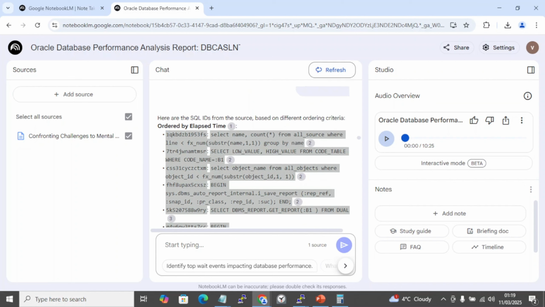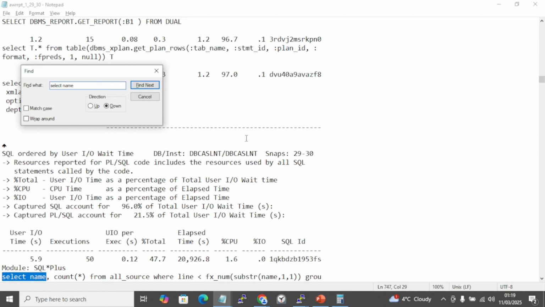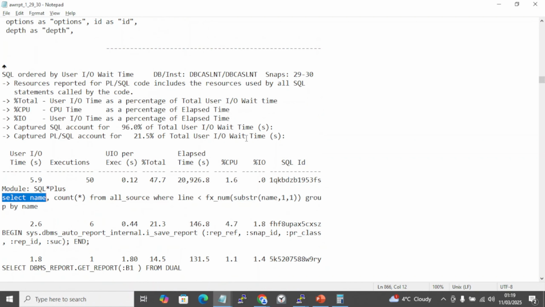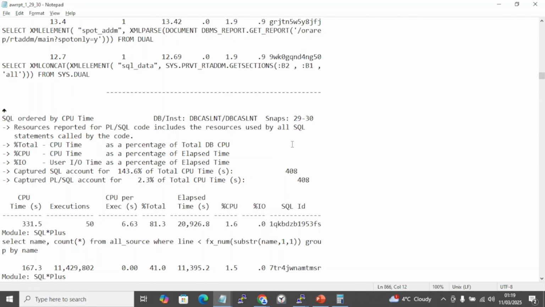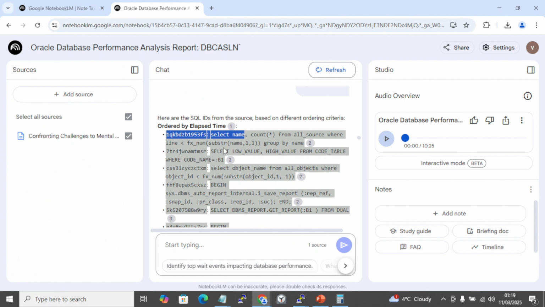So I'll just search if I have this keyword anywhere in the same format. No, nowhere is it there. Is it there like this? No. But it's good that it matched this to the SQL ID and the SQL text at the bottom to print them in one line, which is good.